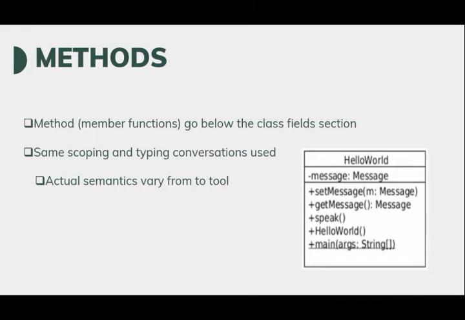Next are the methods. Method member functions go below the class fields section. The same scoping and typing conventions are used, but actual semantics vary by tool. So basically, a method is an action the object executes when it receives a message.